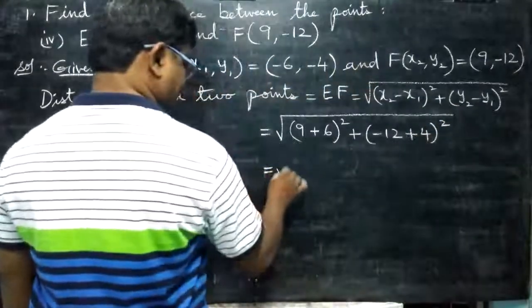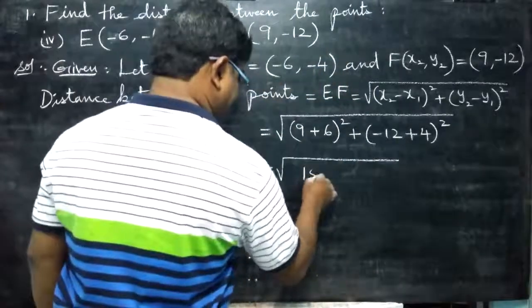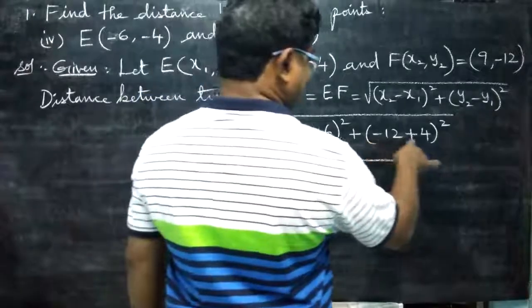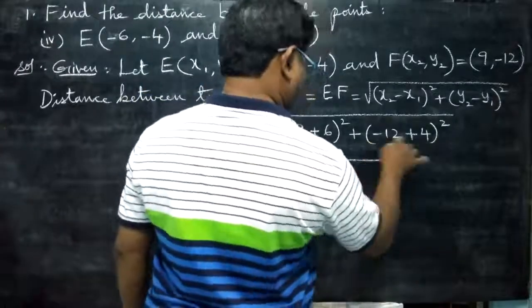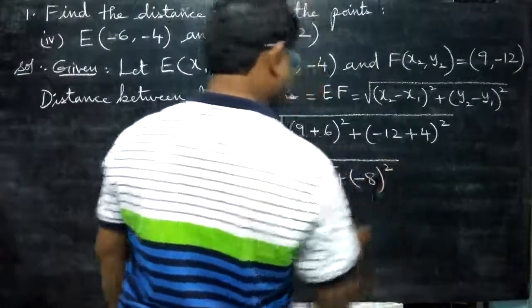That is equal to square root of 9 plus 6 is 15, 15 whole square, plus minus 8 plus 4 is minus 12 plus 4 is minus 8, minus 8 whole square.